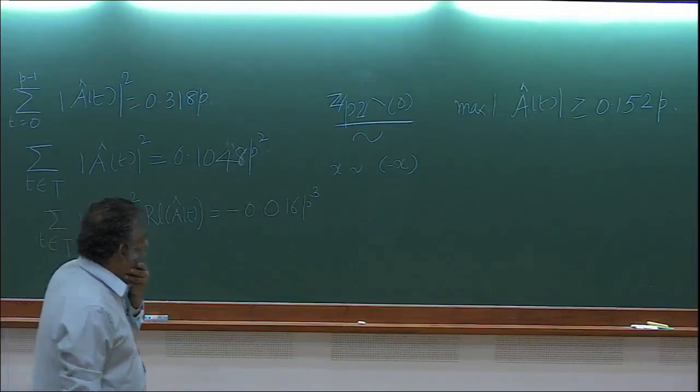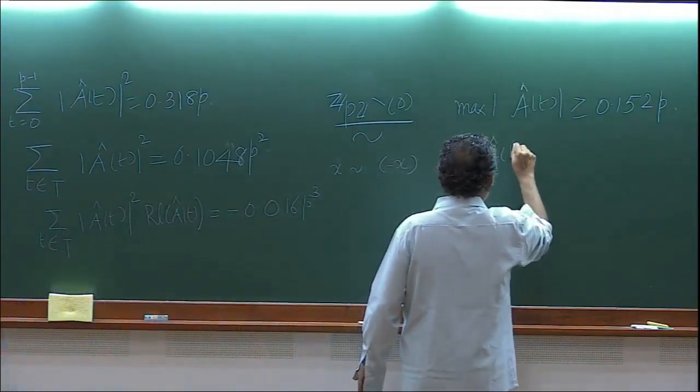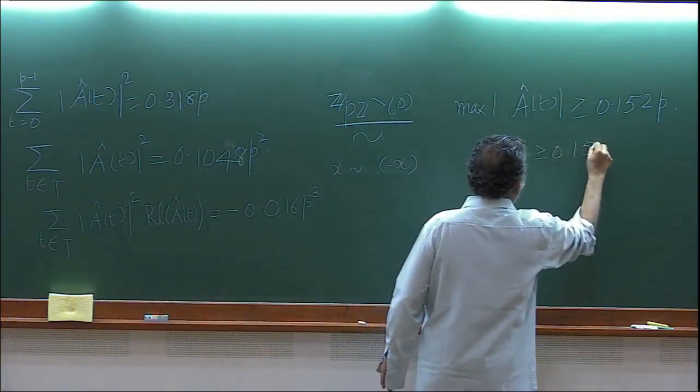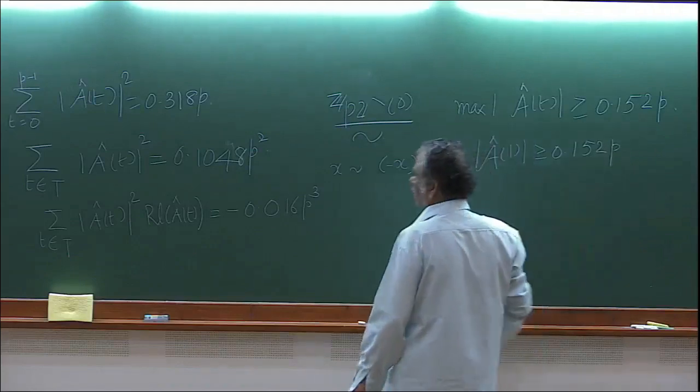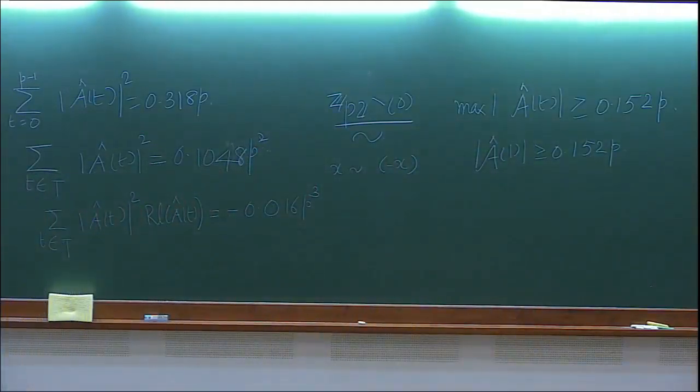And as I was telling yesterday, I can assume that a hat 1 is bigger than or equal to 0.152p for the simple reason that dilation is always allowed, and a hat t is the same as a hat 1 up to a dilation.